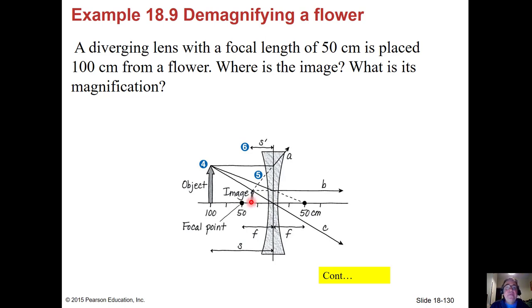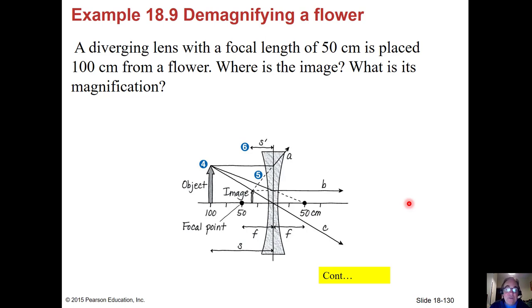Okay, where is the image? If you did this carefully, this is 100 centimeters. This looks to be about 25, and that's 50. So somewhere between 25 and 50, probably closer to the 25 here. So that's what S prime is, the image distance.